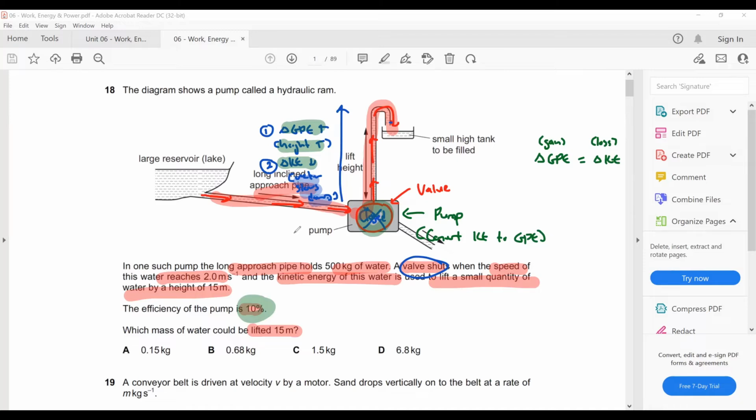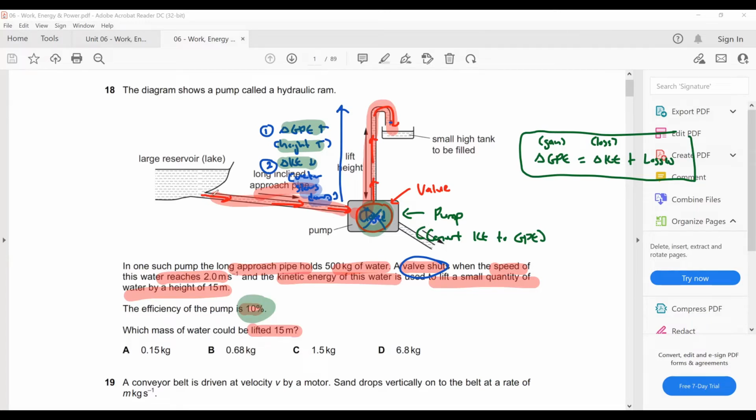This one is the proper equation for what you have here. Your gain in GPE is equal to your loss in KE plus losses now, but don't bother about this one first. Let's look at the pump first.